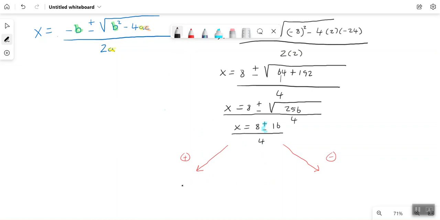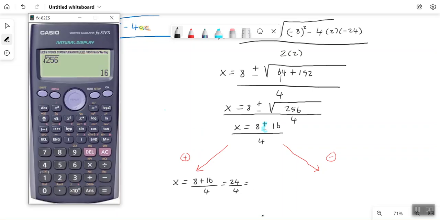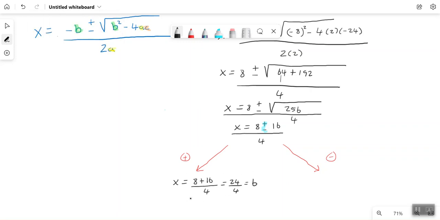So if we take the first one, x is equal to 8 plus 16 divided by 4. That's equal to 24 divided by 4, which is equal to 6. So x is equal to 6 is one of your answers.